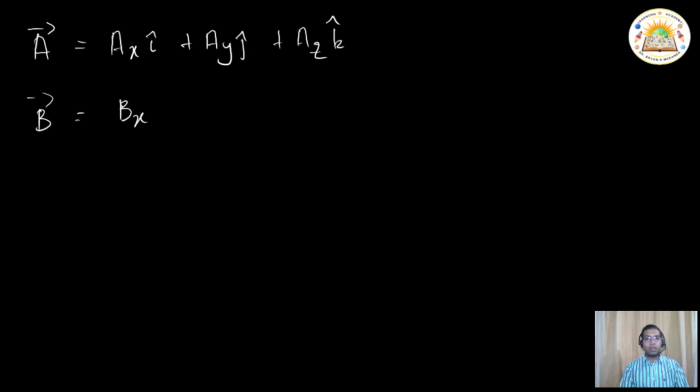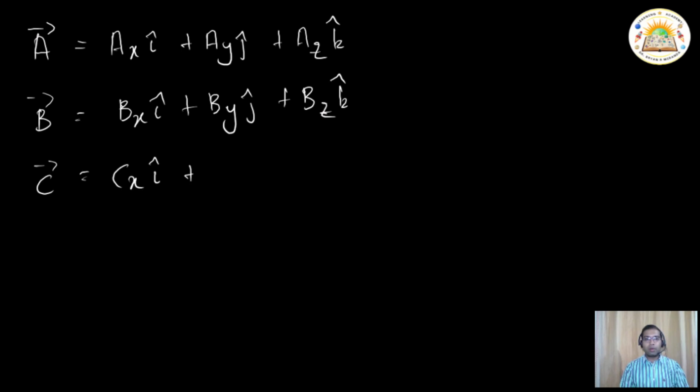So if I take A vector as, let's say, A_x i cap plus A_y j cap plus A_z k cap, B vector as B_x i cap plus B_y j cap plus B_z k cap, and let's say C vector as C_x i cap plus C_y j cap plus C_z k cap.